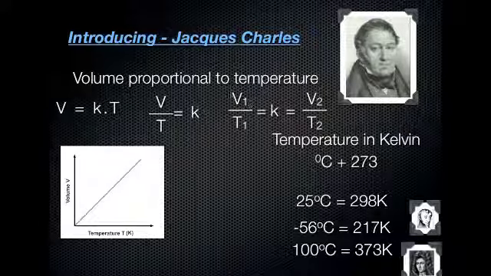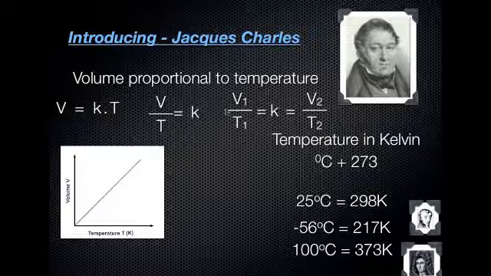We have an initial volume, an initial temperature, and a final volume and a final temperature. This is very similar to our concentration and dilution equation, but obviously we have V1 over T1 equals V2 over T2, and that's our Charles's law.